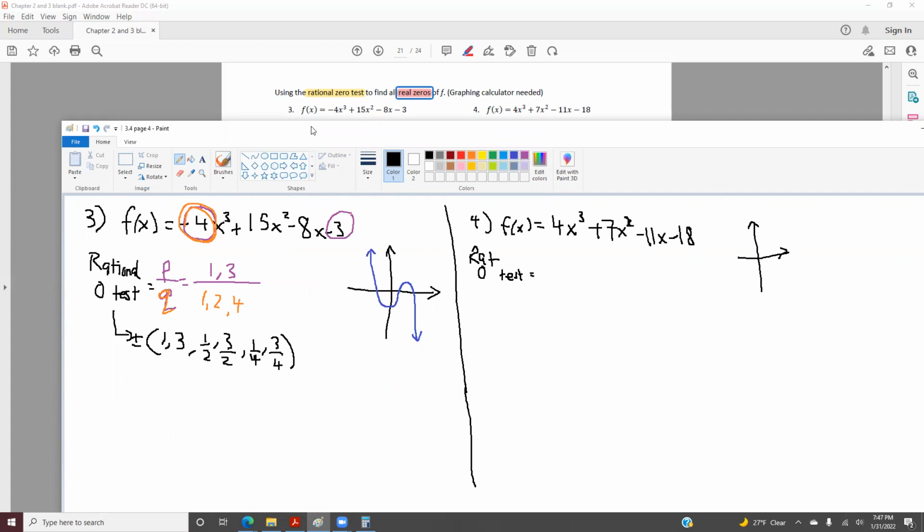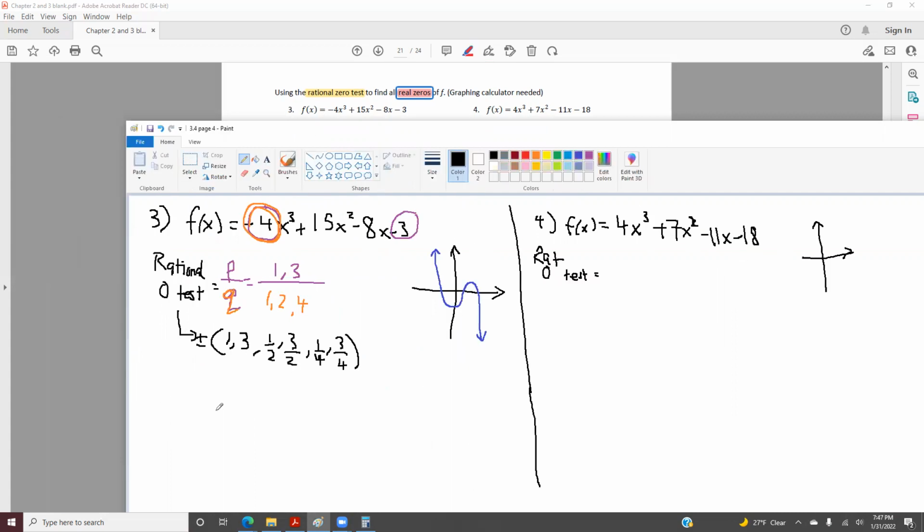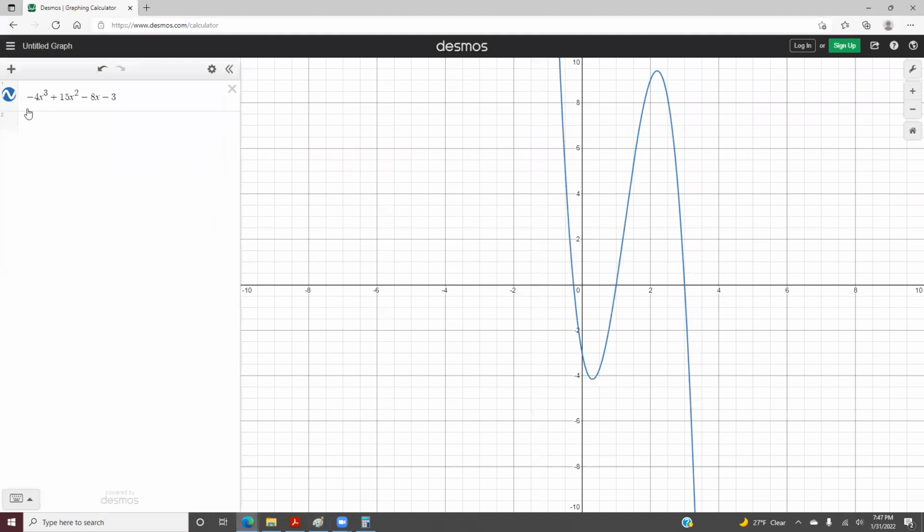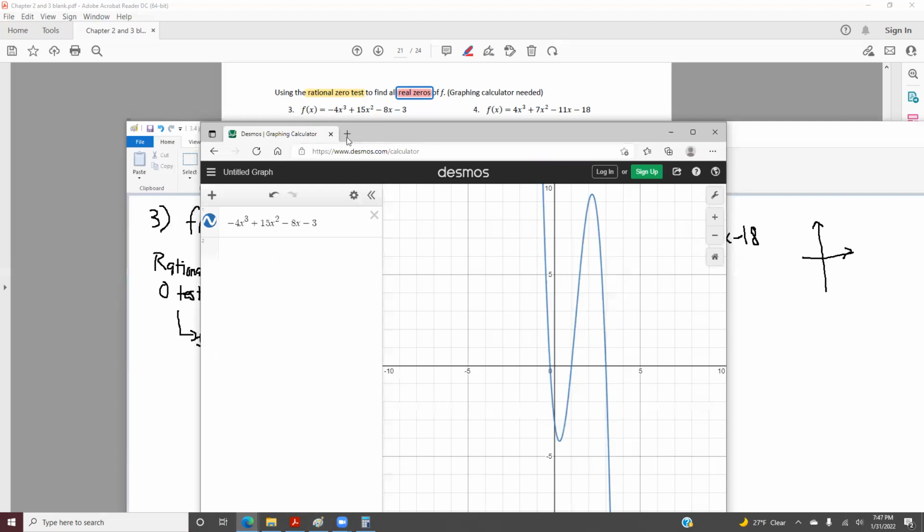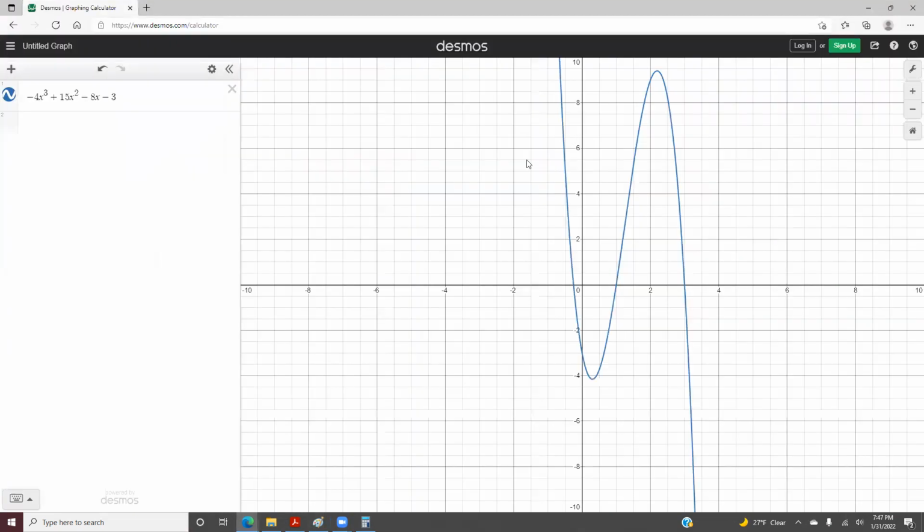But sometimes in your homework or in your test, they accompany this question with a graph. So I put this function in decimals, and this is a function that I use, which is exactly the same as question 3. I put it in decimals, and it came out like this. So sometimes the good news is, if I provide you the graph, you can tell the zeros or the x-intercepts from the graph.